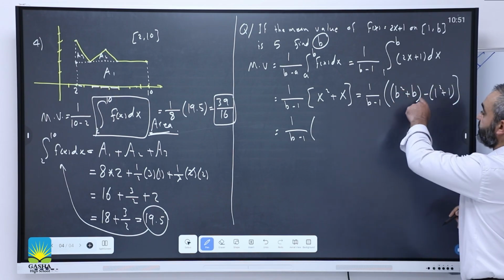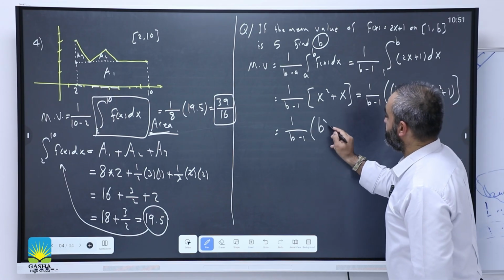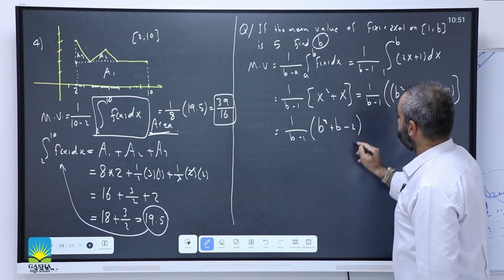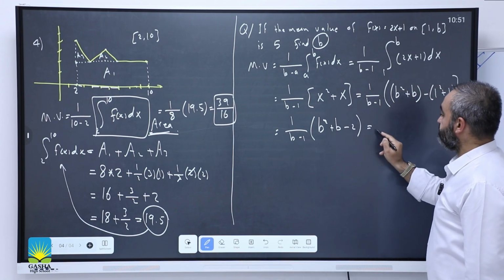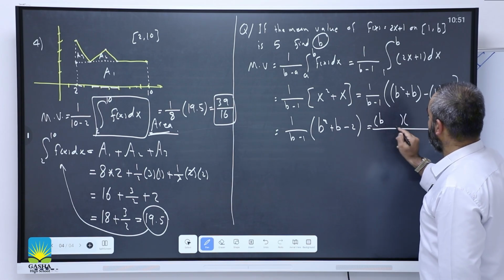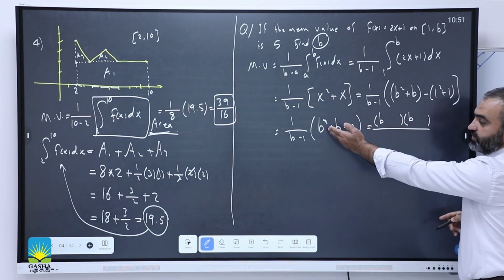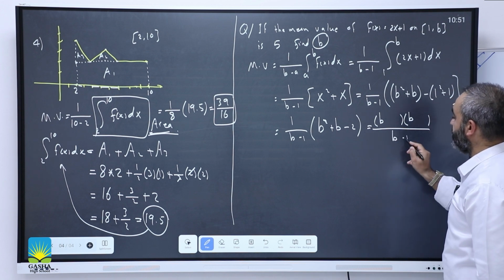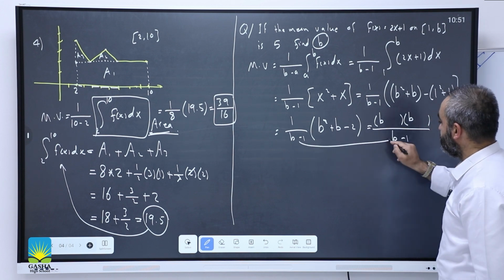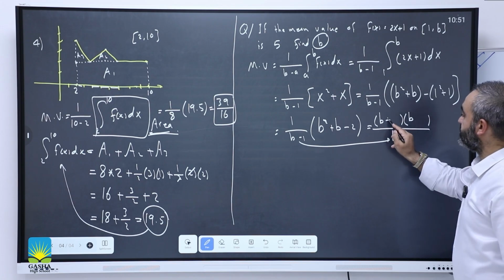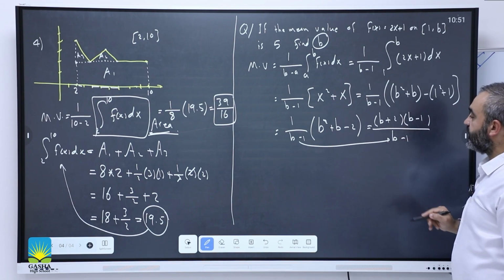So b squared plus b minus 2. And we open the 2 brackets here, because we have the quadratic form here, and we have b minus 1 here. This is b minus 1. And how to open the 2 brackets, plus 2 here and minus 1 here.